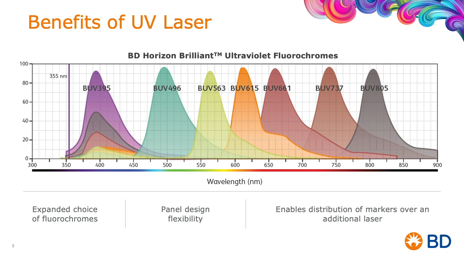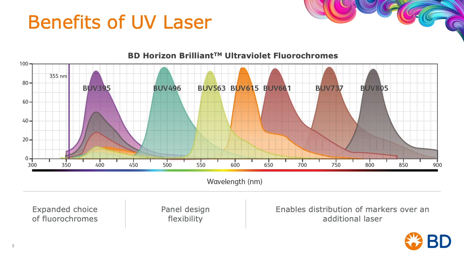So let's start by talking about the benefits of the BUV lasers. The availability of a UV laser allows us to develop a new family of dyes, the BD Horizon Brilliant Ultraviolet fluorochromes, also known as BUV dyes.